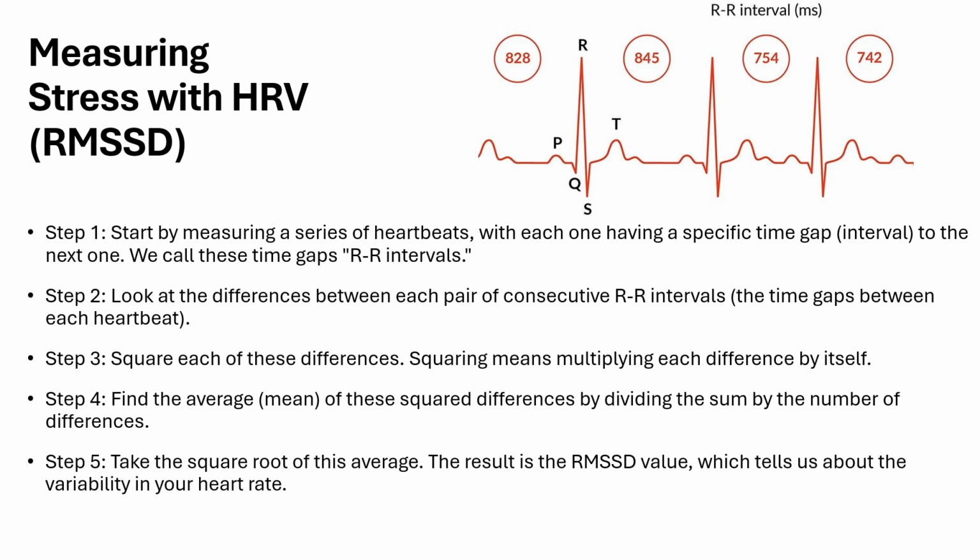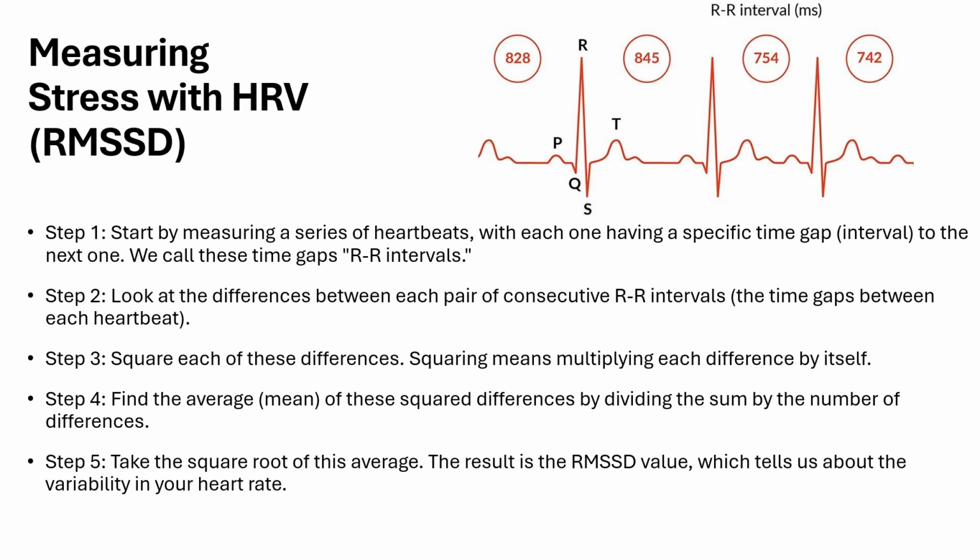To actually measure stress, we use an equation called RMSSD, the root mean square of the successive differences. You don't need to remember this, but this is what we're using, and we're going to go through it now. The first step is to measure the time between the heartbeats and write these down.